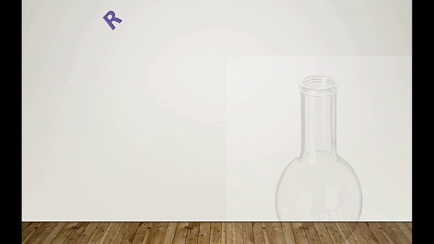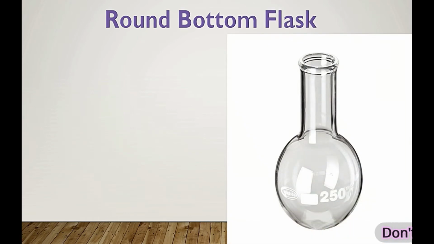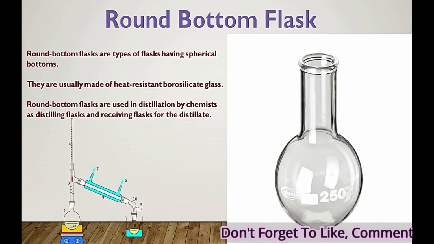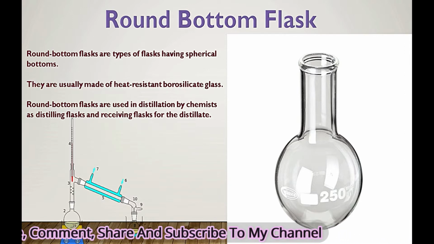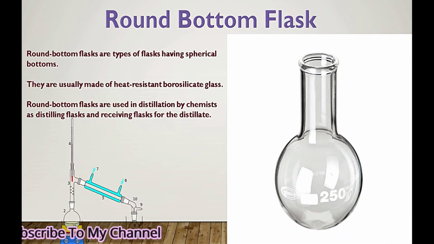The next apparatus is the round bottom flask. It is a type of flask having spherical bottoms. They are usually made of heat-resistant borosilicate glass. Round bottom flasks are used in distillation in chemistry as distillation flask and sometimes as receiving flask also for the distillate.